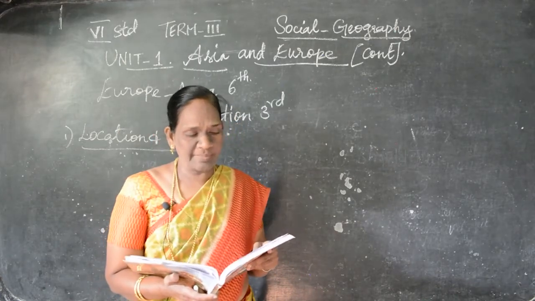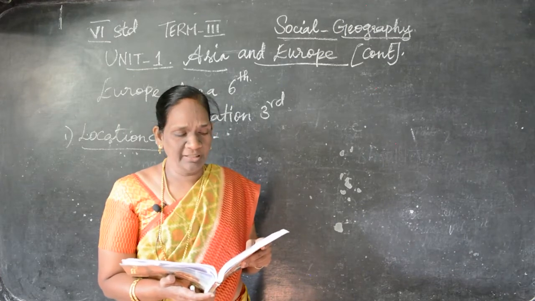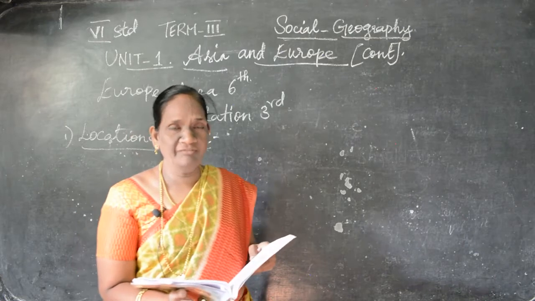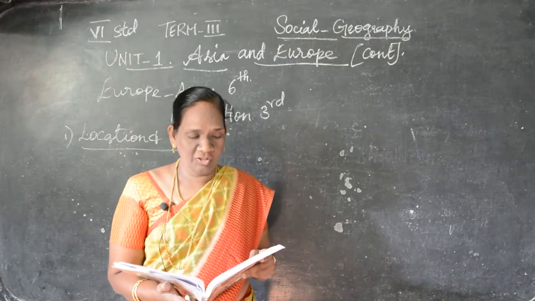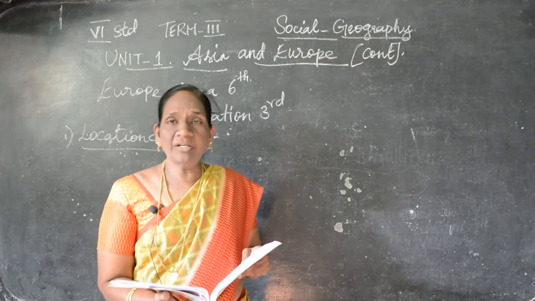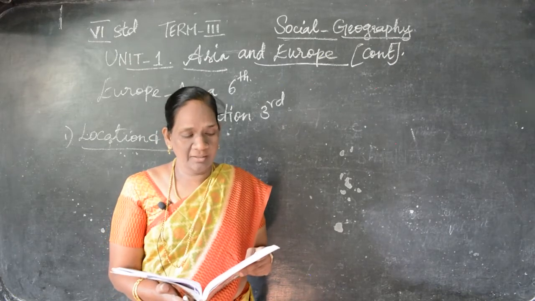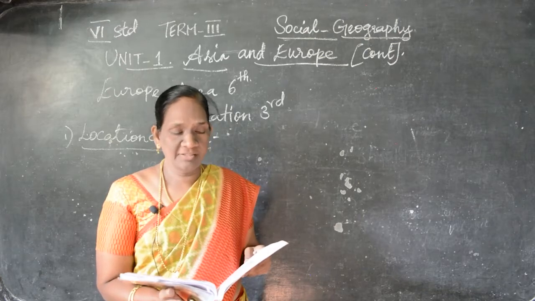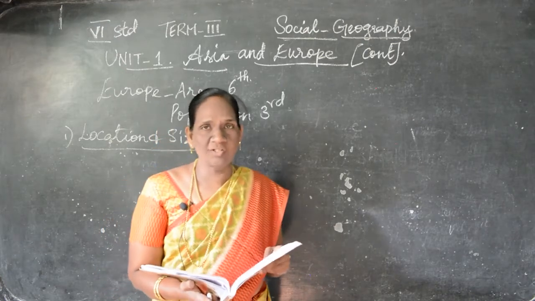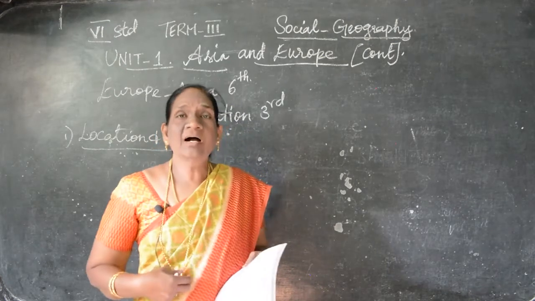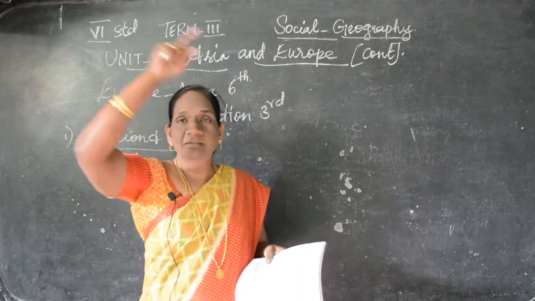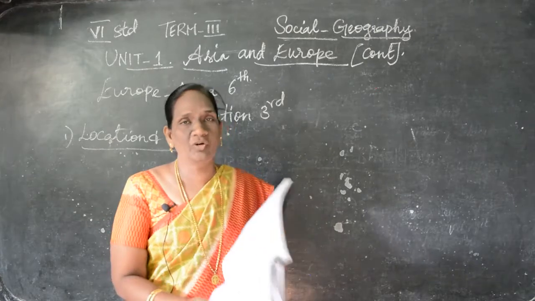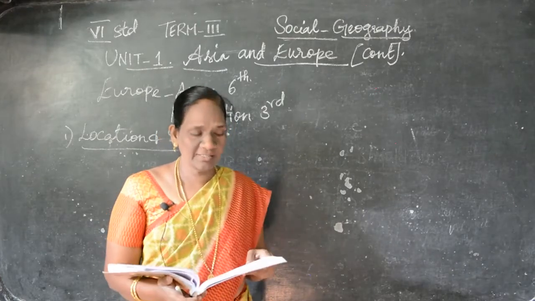Europe spreads from 34 degree 51 minutes north latitude to 81 degree 47 minutes north latitude, and from 24 degree 33 minutes west longitude to 69 degree 03 minutes east longitude. So this is the latitudinal and longitudinal extent of the European continent. Have you all understood?